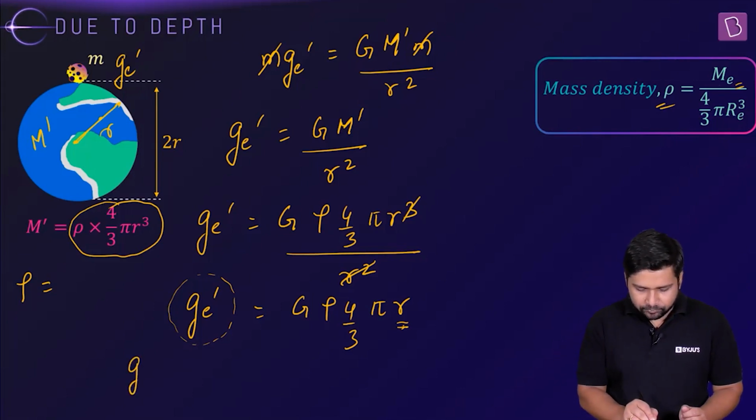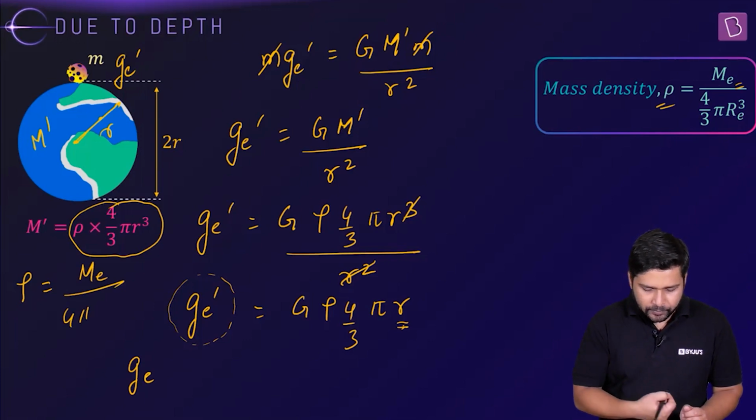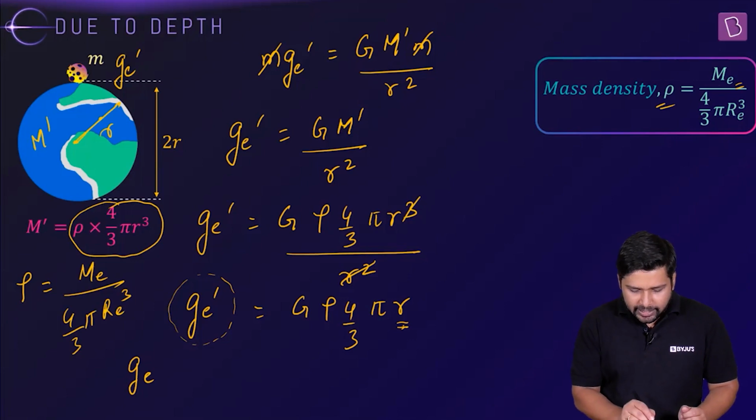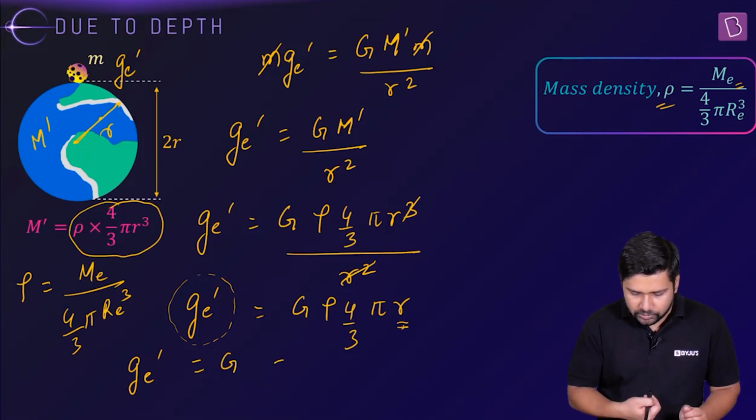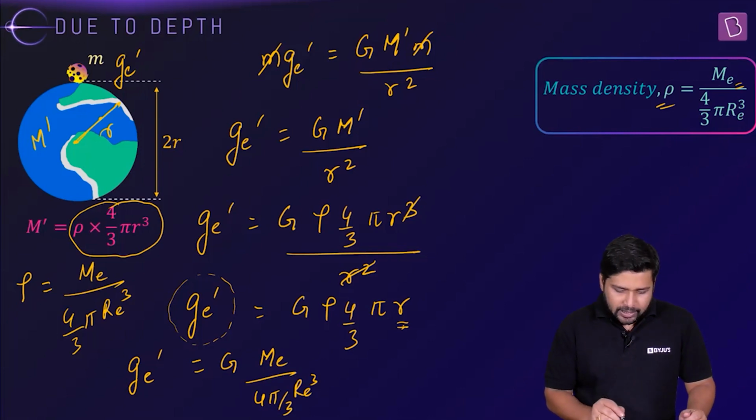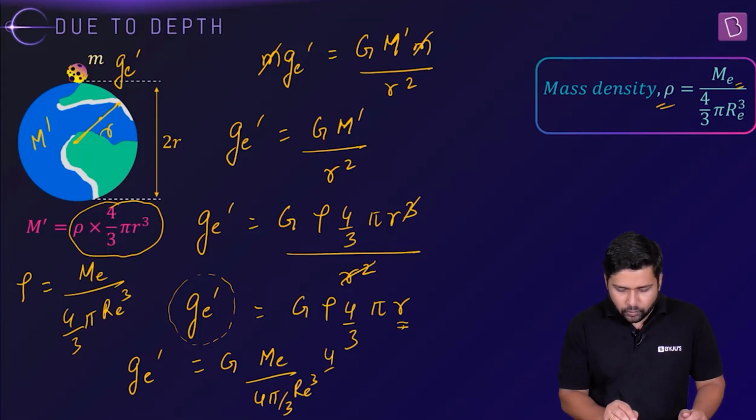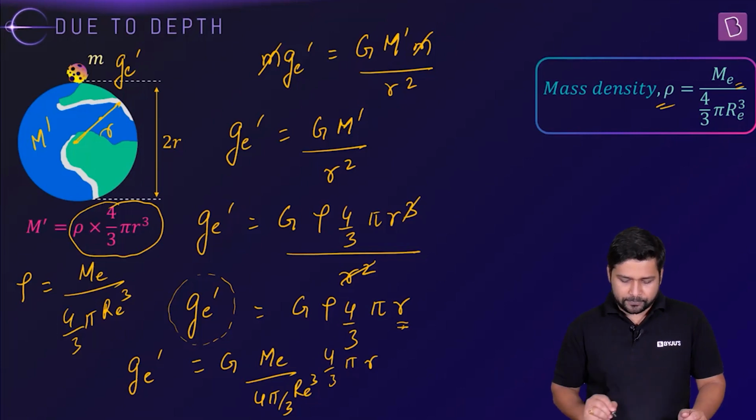So if I write rho equals the mass of the earth divided by 4 by 3 pi times the radius of the earth cubed, I can get g dash is equal to G times rho, and rho can be written as Me divided by 4 pi by 3 Re cube, and then you'll have this value, that is 4 by 3 pi small r.